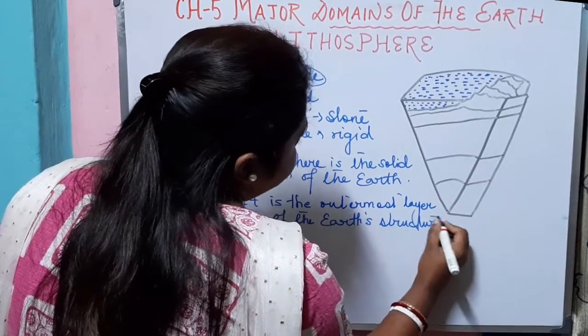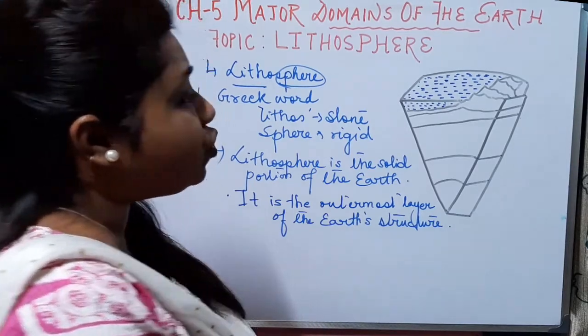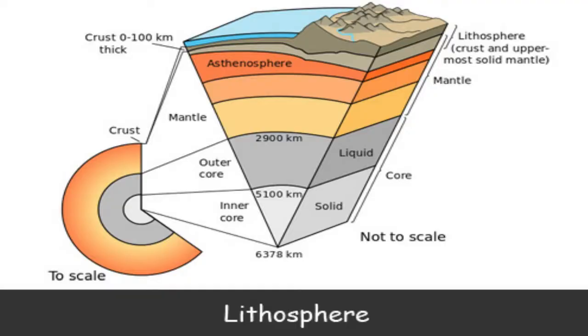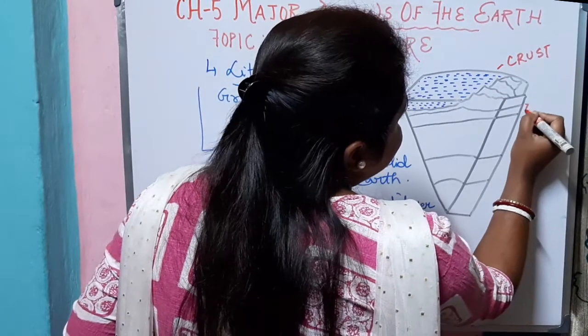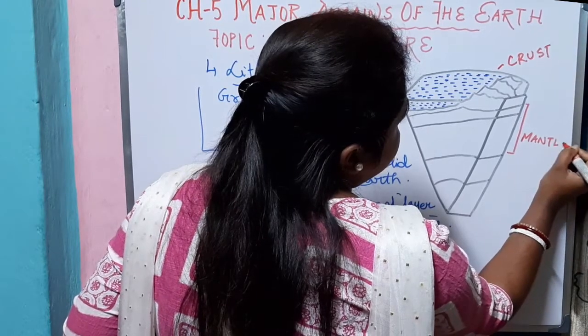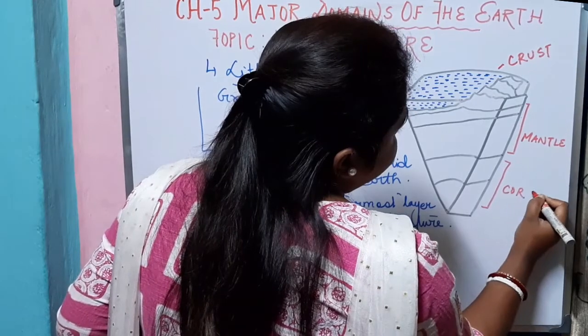Now, as we talk about the layers of the earth's structure, there are 3 layers. Here in this diagram, let us find out which are the 3 layers. The first layer is the crust, which is the outermost layer. The second layer is the mantle. And the third layer is the core.